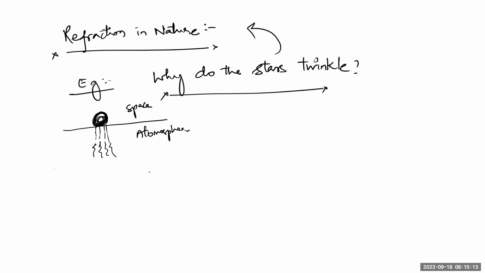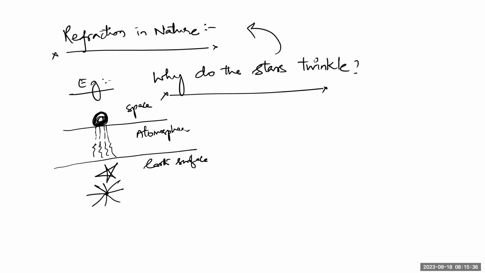When it comes to the Earth's surface, let me draw the star. It looks like the star, it looks everywhere. If this is a dot, it looks like the star kind of thing from the Earth's surface.